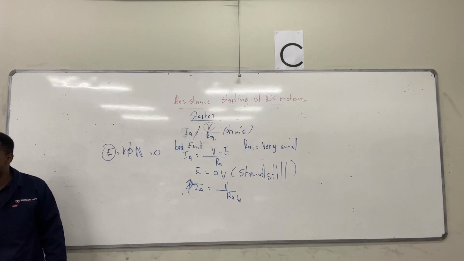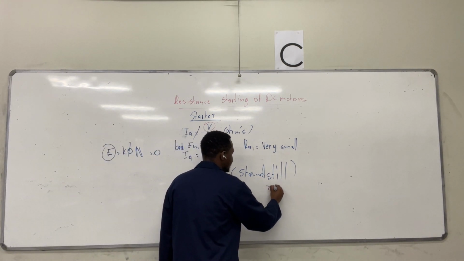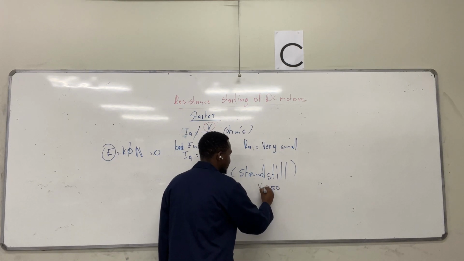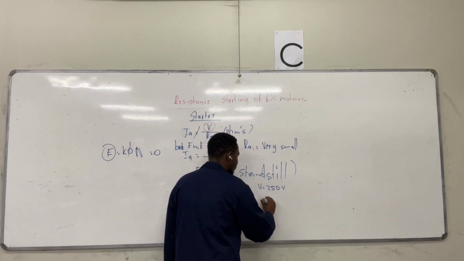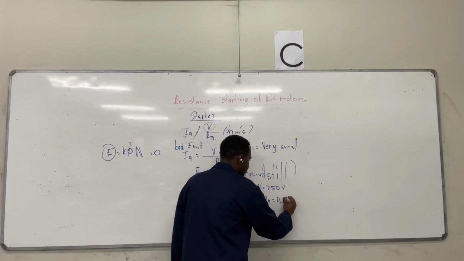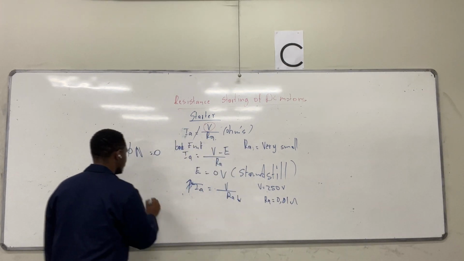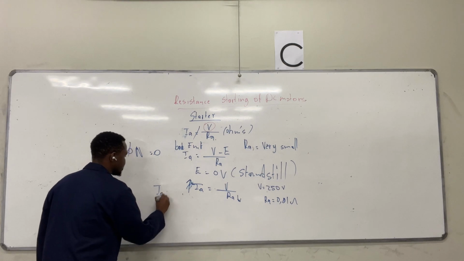That is a problem. Let's say it was a 250 volt motor. The resistance of the armature is 0.01 ohms. There's an example to show you this.